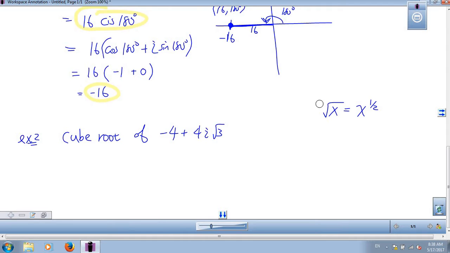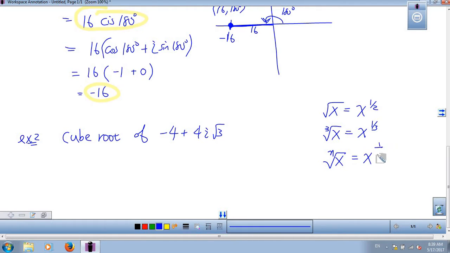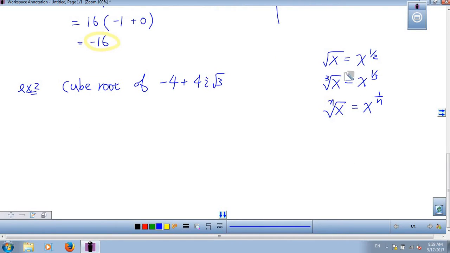Usually we don't put a 2 for square root. A cube root of x is simply x to the 1/3 power. So we can express roots as exponential expressions. The nth root is simply x to the 1 over n power. So this is how we're going to express roots. This is something that we have to remember from before.